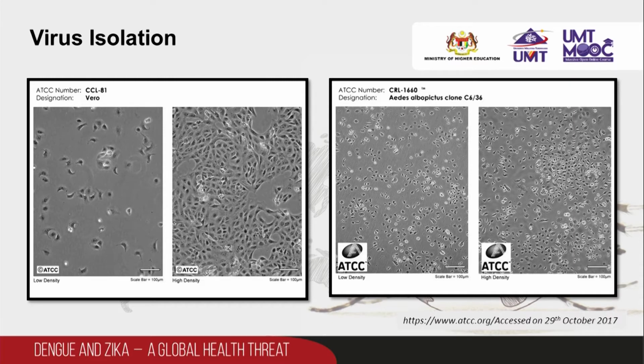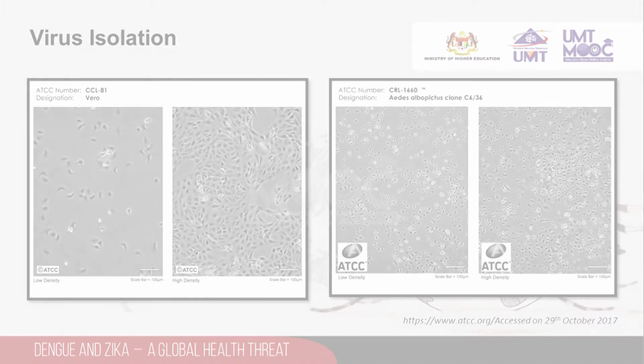CPEs are distinct observable cell abnormalities due to viral infection. CPEs can be seen as loss of adherence to the cell surface of the container, changes in the cell shape from flat to round, shrinkage of the nucleus, and complete cell lysis.